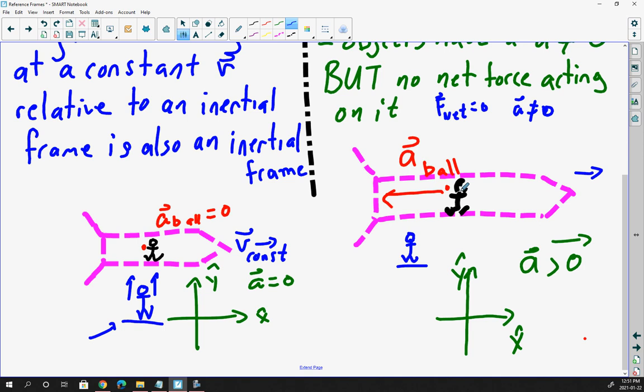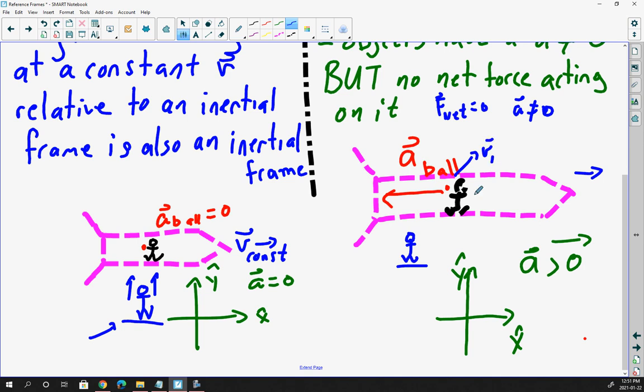But the person in here says, well, this ball is accelerating towards the back of the spaceship, right? But I don't see any force on it. This is breaking the laws of physics, right? So what's happening here is the ball is being released at a certain velocity. Let's call it velocity 1.